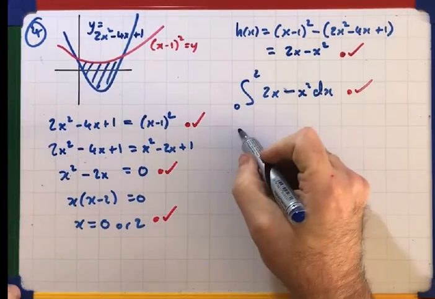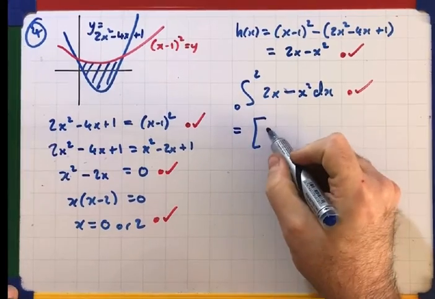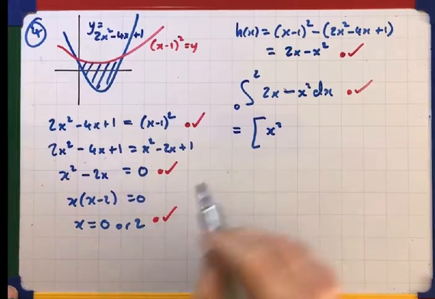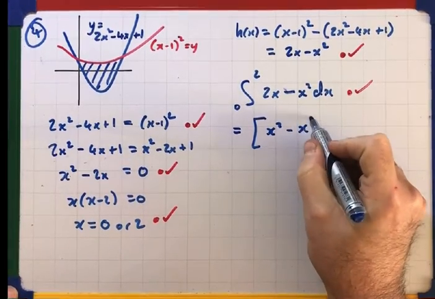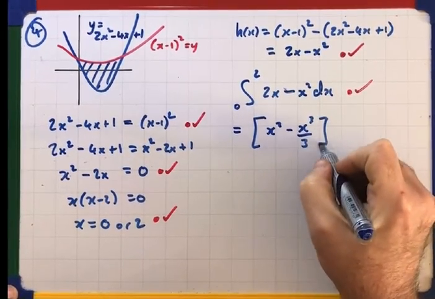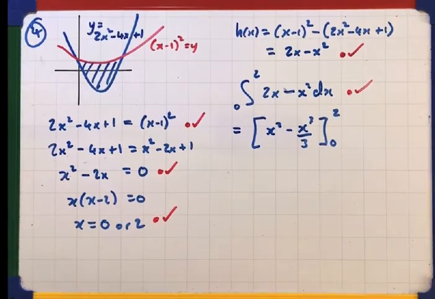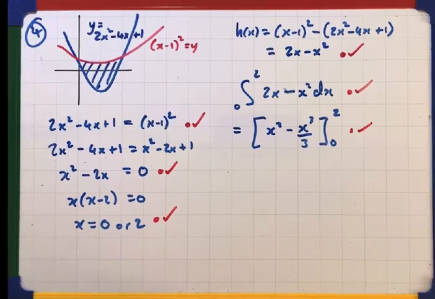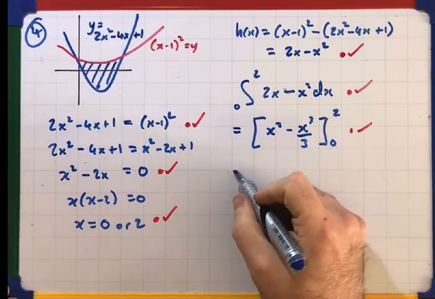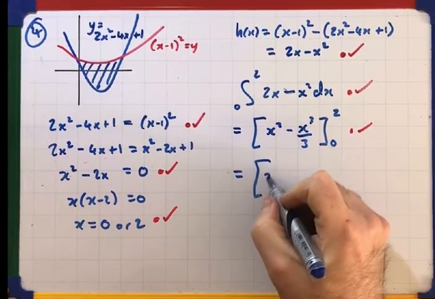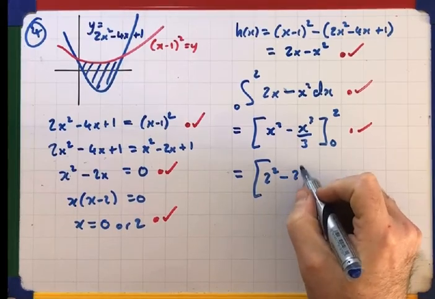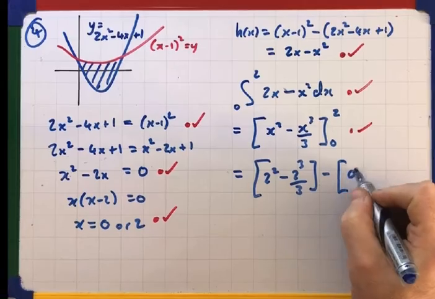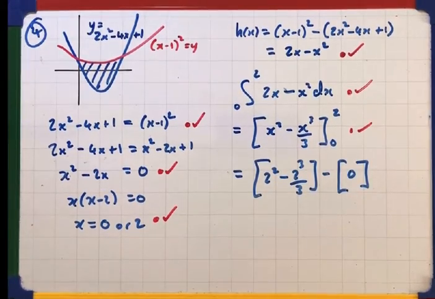Right, integrating, that gives us x squared, because look, 2 divided by 2 is just 1, we don't put 1 in front of it normally, minus x cubed over 3 between 0 and 2. Again, mark for doing that. That gives you, putting 2 in there, 2 squared minus 2 cubed over 3, minus, put 0 in there, you get 0.